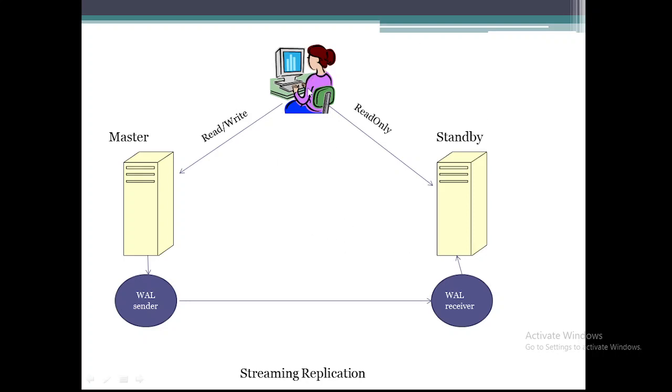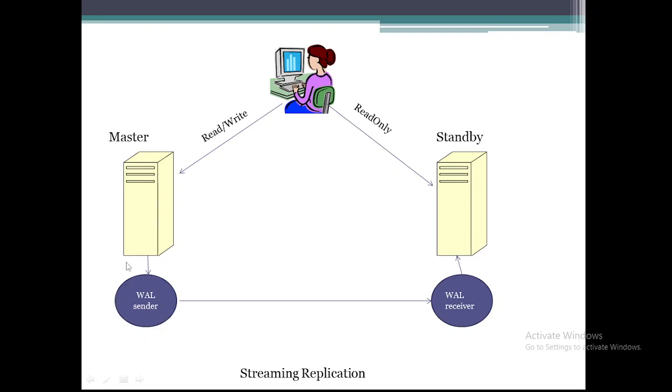Users may have read and write access to the master, and read-only access to the standby server, because the standby server applies the changes from the master only. The user sends a write or read request to the master, which does its work, updating or inserting new records.